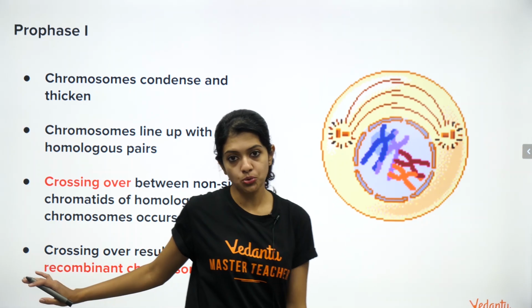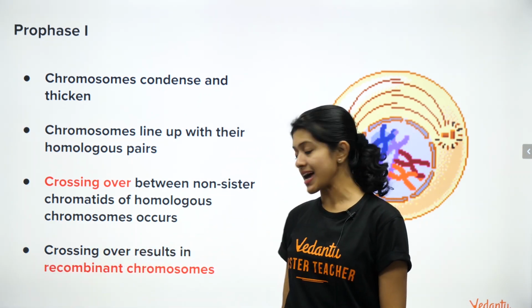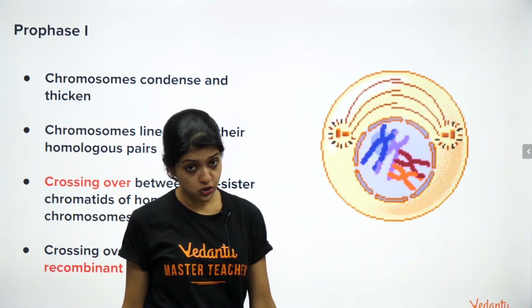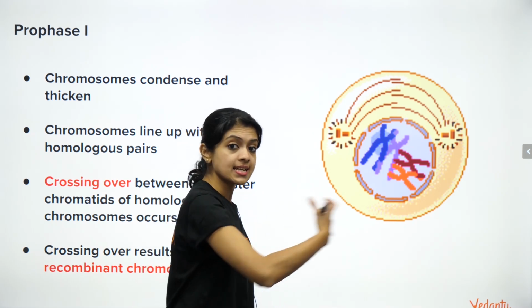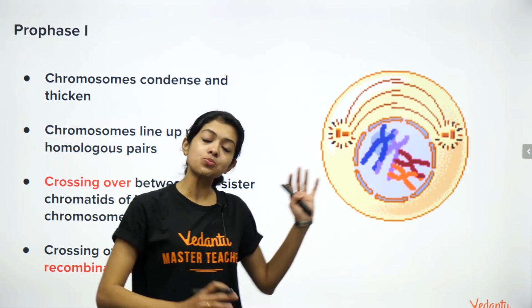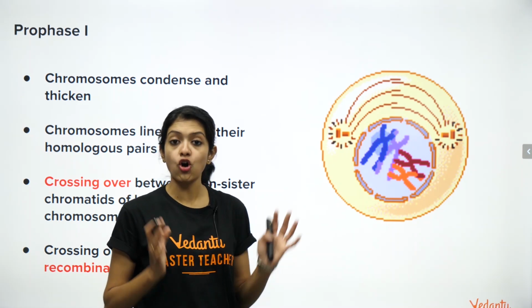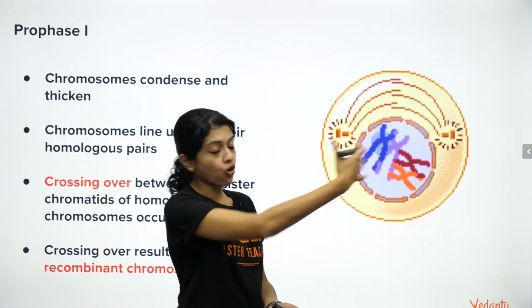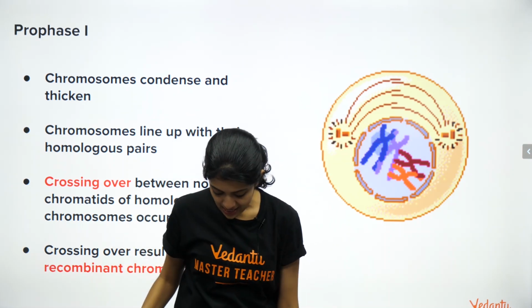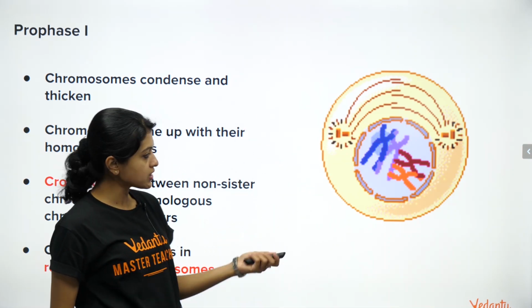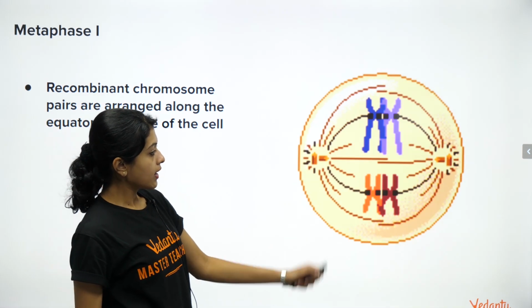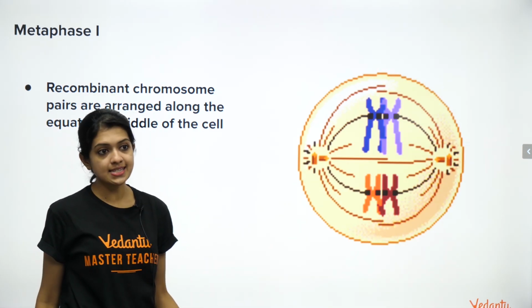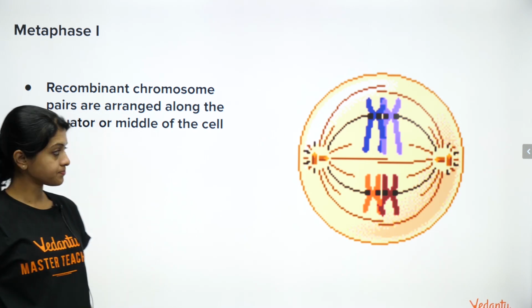Crossing over, as you can see, I have put it here, results in recombinant chromosomes. So as meiosis progresses, it will be the recombinant chromosomes, or the chromosomes with the newer characteristics, that will proceed to the next stage, right? So after this, we have the next stage, which is metaphase 1.